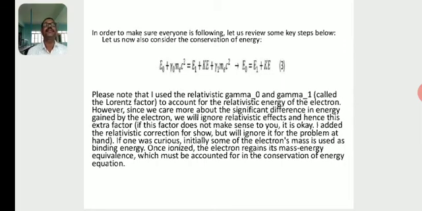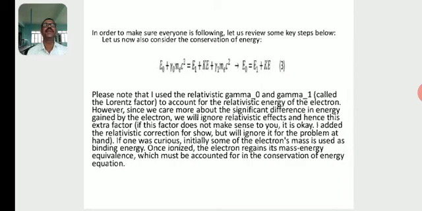Note that I used the relativistic gamma, γ0 and γ1, called the Lorentz factor, to account for the relativistic energy of the electron.